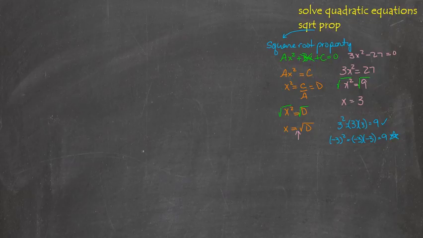And so for the square root property, what we're going to write is plus or minus the square root of d. So we'll say x equals plus or minus the square root of d. That gives us the opportunity to take the positive square root of d and the negative square root of d, and it gives us both solutions.